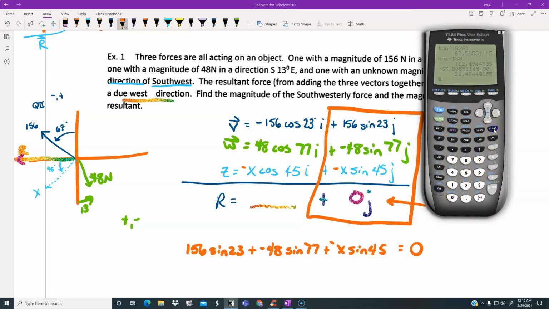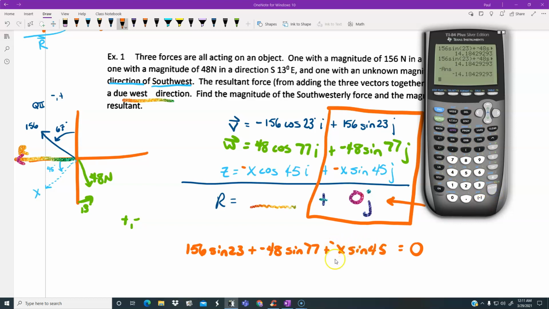Let's take those two values, add them together, 156 sine of 23, and then take that answer and add it to negative 48 sine of 77. And then I took that answer, but if it was added together and then moved over there, it would become negative. So let's just make it negative.